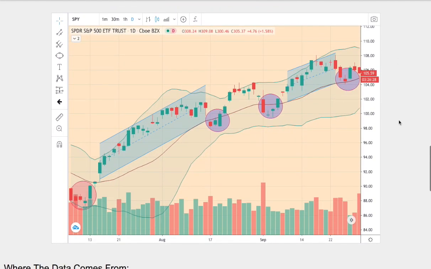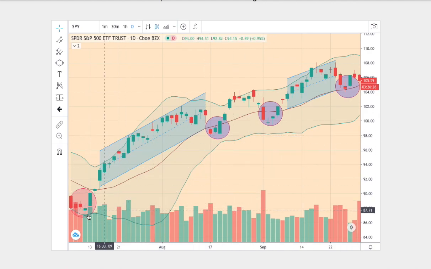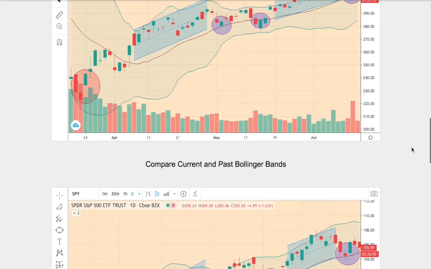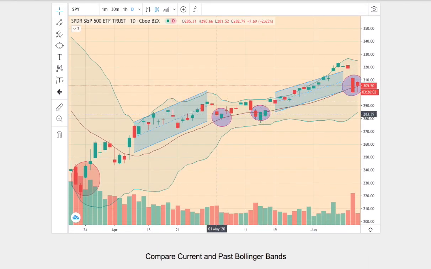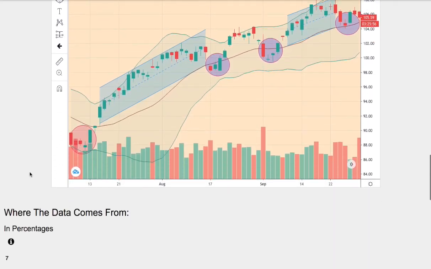In the trend in question right here, we see a similar pattern: we start at the bottom Bollinger Band, average above the middle Bollinger Band, revert back to the mean to the middle band, once more again, and then average above the middle Bollinger Band, and then towards the very end, we did touch the middle Bollinger Band. So what we have here is 1, 2, 3, 4, 5, 6 points. We also have 1, 2, 3, 4, 5, 6 points here on the current trend. So there's reason to believe that the trends and patterns are somewhat the same. The outcome and forecast should be fairly the same.